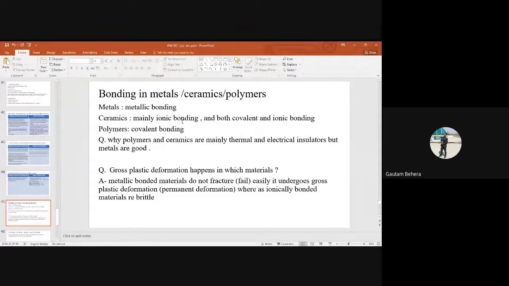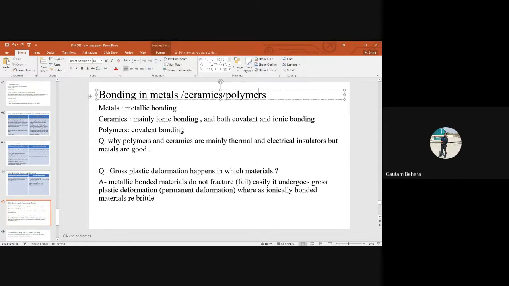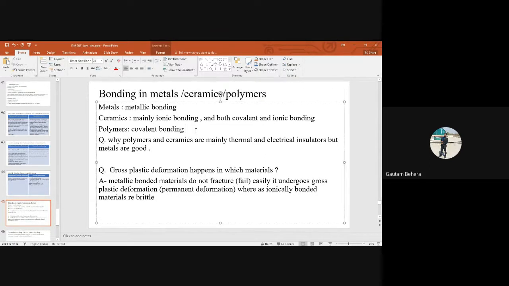We have both kinds of bonding, covalent and ionic, in ceramics. You have to remember, the nature of bond in ceramics may be 50% ionic, 50% covalent, or it may be 90% ionic, 10% covalent, right? Like that. But in the case of polymers, we have basically covalent bonding because they involve non-metals. Right?